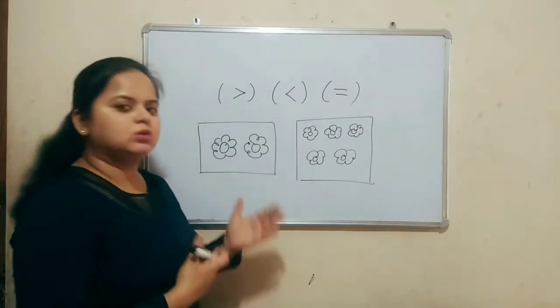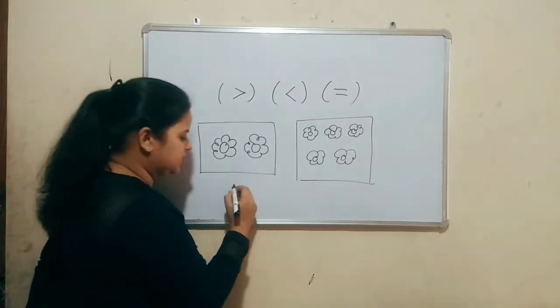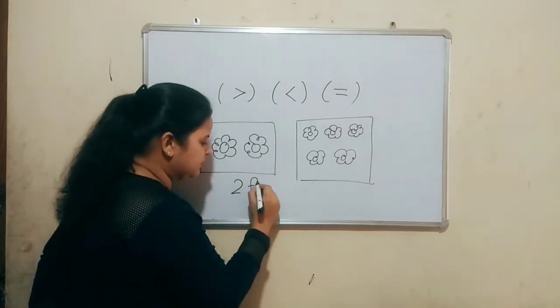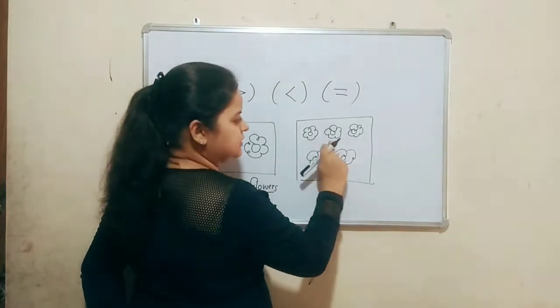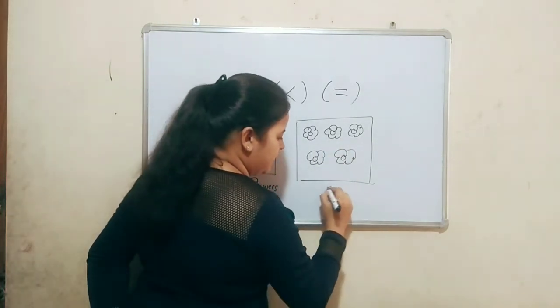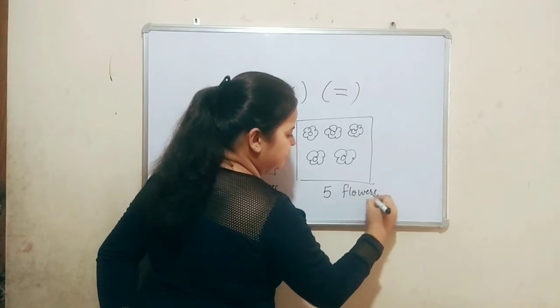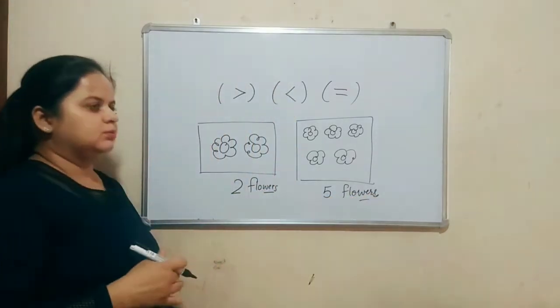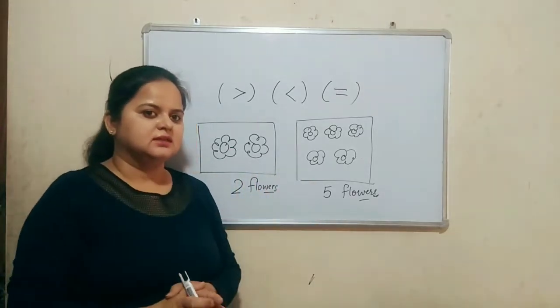Now we have to count these flowers. 1, 2. In this picture there are 2 flowers. And in this picture 1, 2, 3, 4, 5. How many flowers? 5. Very good. 5 flowers. So which picture is showing the more objects?